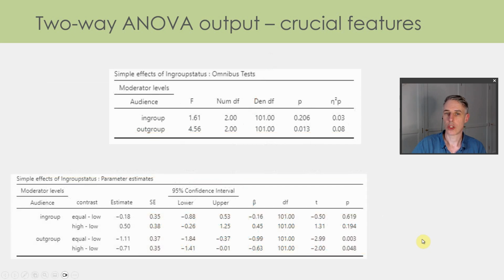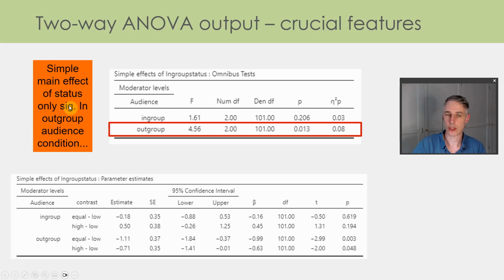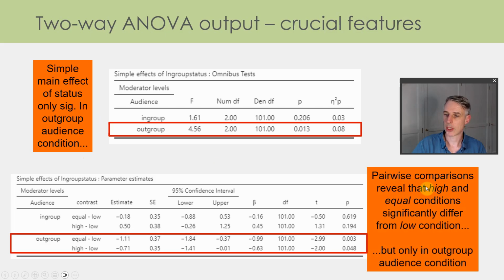In terms of the simple effects, we have, again, the simple main effect of status, only significant in the outgroup audience condition, and those pairwise comparisons reveal that the high and the equal conditions, each in turn, differ significantly from the low status condition, but again, only in the outgroup audience condition. We can see that those same contrasts in the in-group audience condition were not significant.